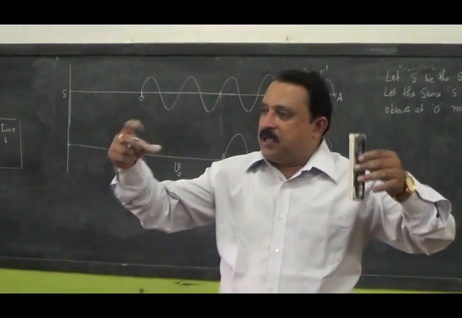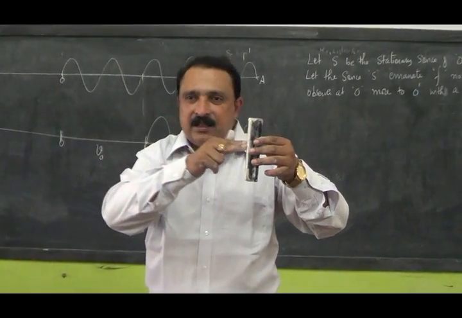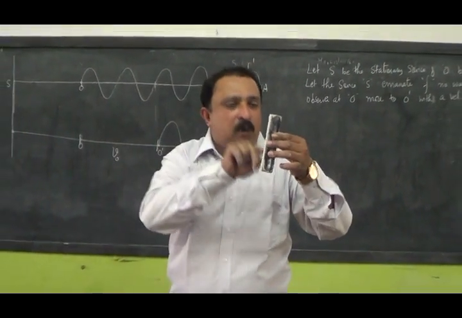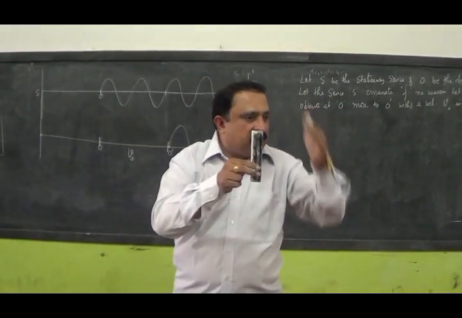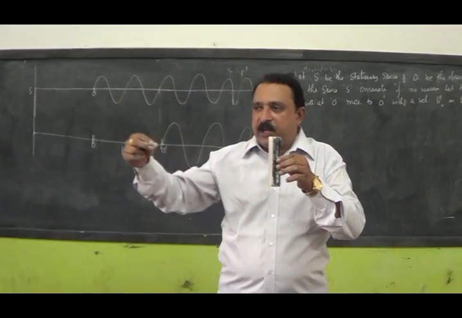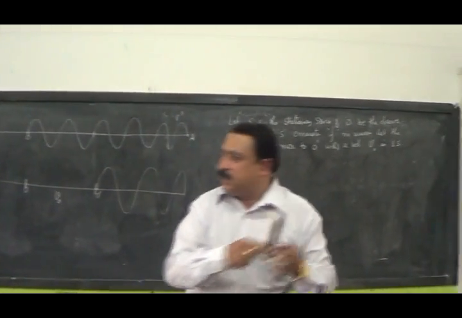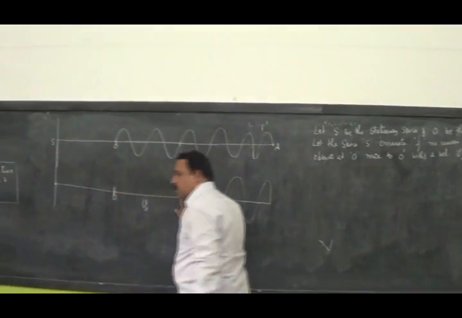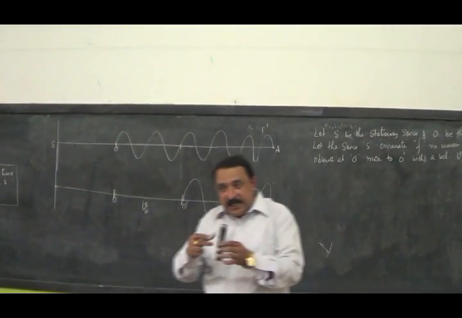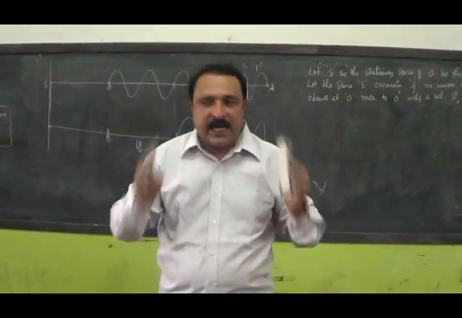So the source gives a siren. The waves reach the observer, and those are unwanted waves for us. But once it reaches the observer, the wave continues to move with a certain frequency. Now imagine the observer is moving like this. He moves from O to O dash. Since he is moving away from the source, there is no question of waves getting compressed here.